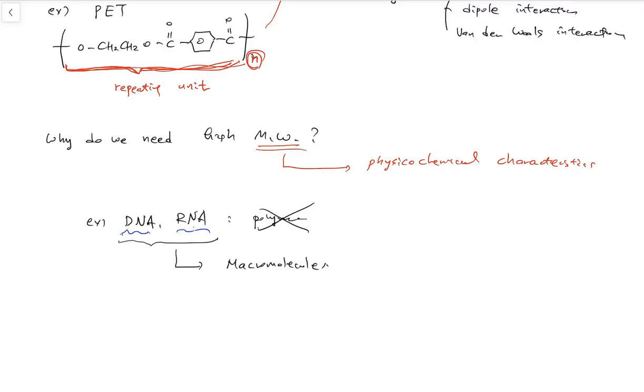Polymers are also macromolecules, but they not only have high molecular weight, they also have a specific repeating unit and repeating order. That's the difference between polymers and DNA or RNA. So, in other words, polymers are a relatively smaller concept compared to macromolecules.